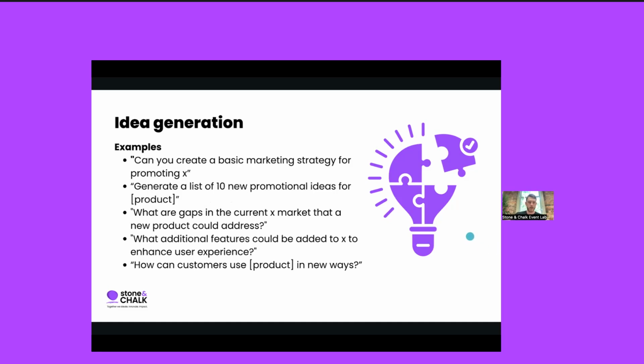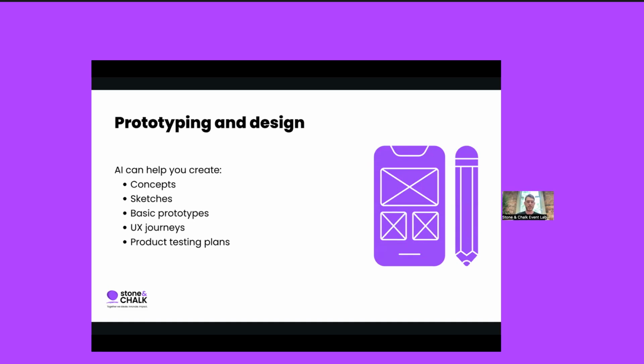Prototyping and design. AI prompts can aid in generating design concepts, sketches, or even basic prototypes based on your descriptions so that you can visualize your ideas better. This accelerates the prototyping process and allows you to iterate quickly on your product ideas.